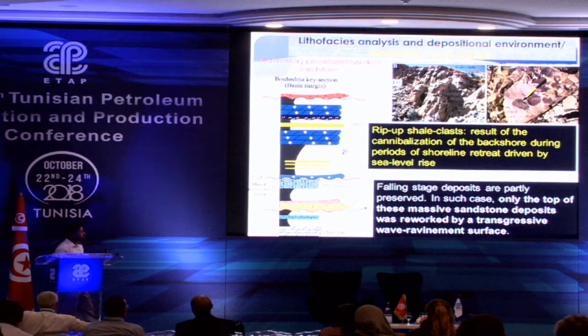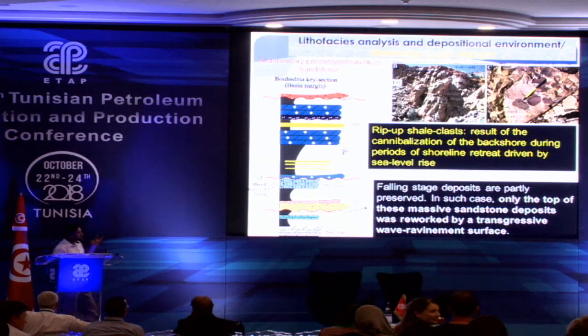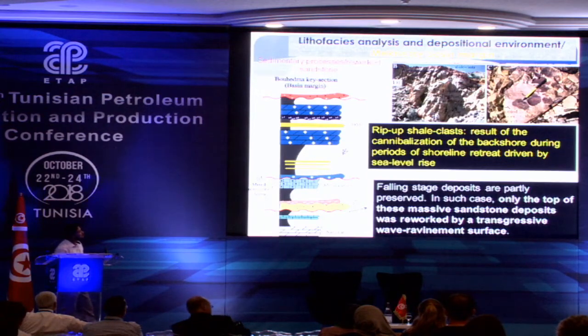Compared to the Malusi section, the Malusi sandstone, and the Sidi Khalif sandstone of the Meknessy Basin, this sandstone is a rare example of well-preserved forced regressive sandstone. The falling stage deposits are partially preserved here.